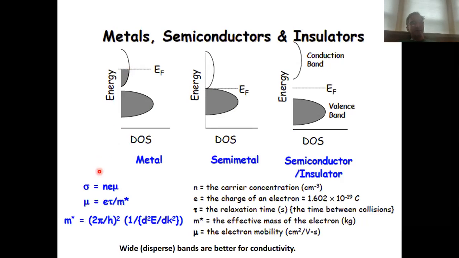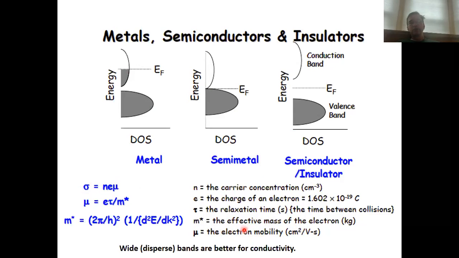In our approach to this, we first realize that the conductivity is equal to the charge carrier concentration, so the amount of excited electrons that can move freely through our material, times the elementary charge of an electron, which is just 1.6 times 10 to the minus 19 coulombs, times the electron mobility.